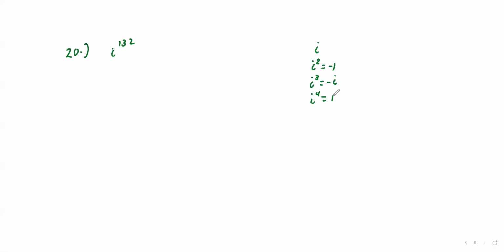Or you can notice that if you divide by 4, whatever this answer is, if it goes into it with a remainder of 1, then it's equal to I. If it has a remainder of 2, the answer is negative 1.